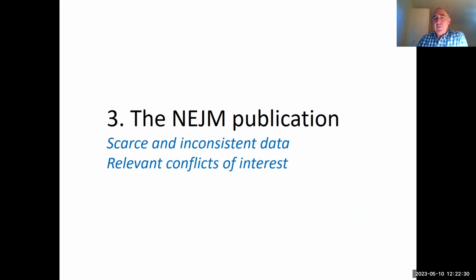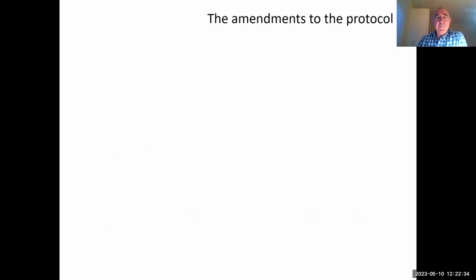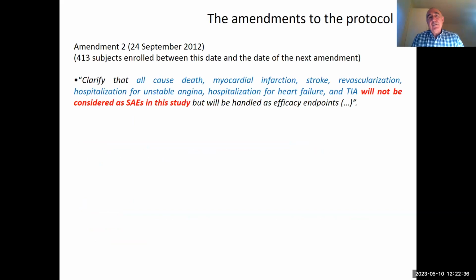So let's go through the New England publication. Let's see what is in there. Well, first, I think it's important to note that after the trial had already been started, the company decided to make some amendments that probably influenced results to a great extent.